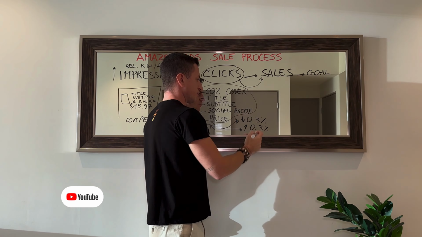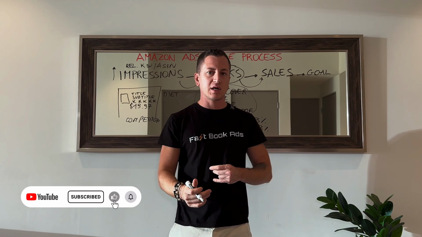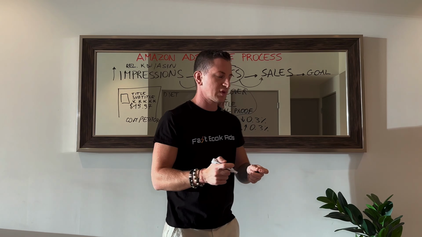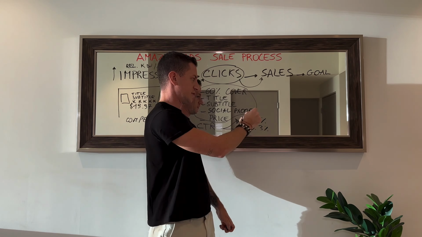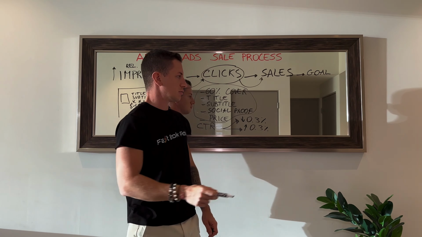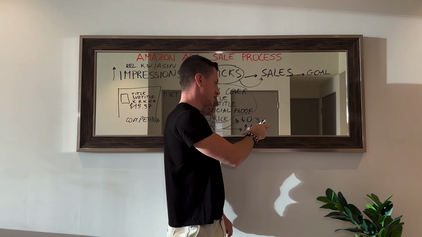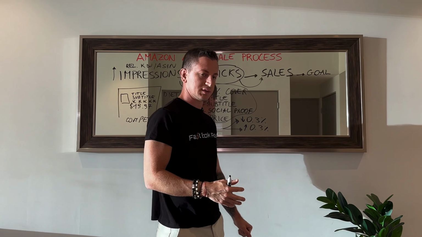So after 2 weeks or $50 spent with your campaigns, look at your CTR. If it's lower than 0.3, you have to improve your book. If it's higher than 0.3, it can be good.